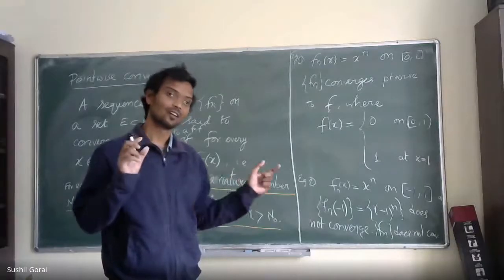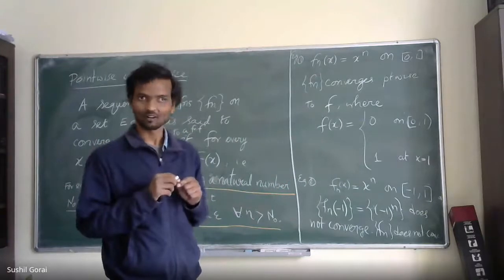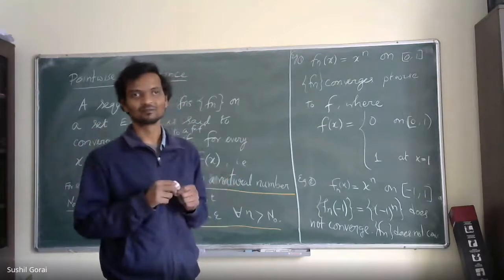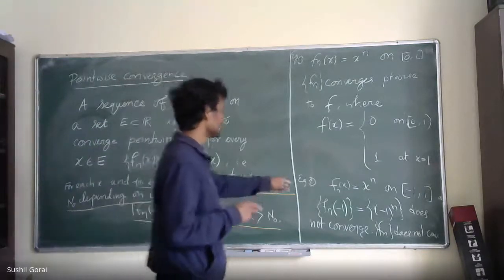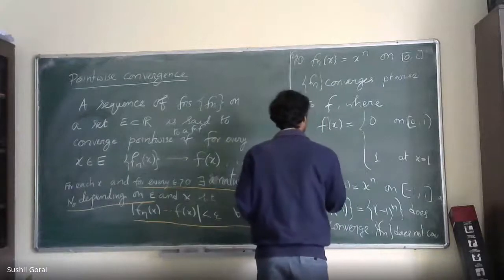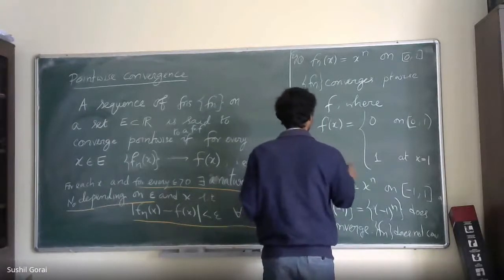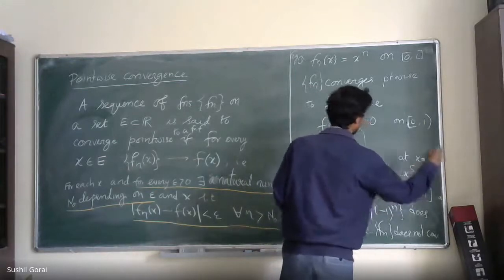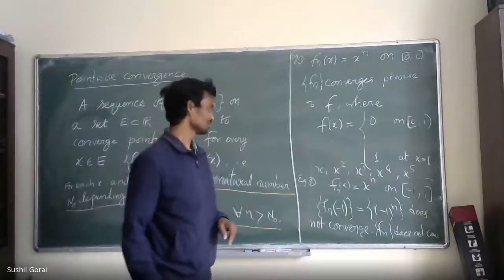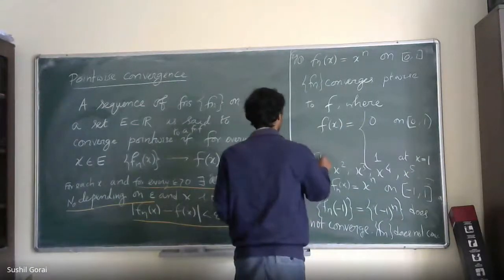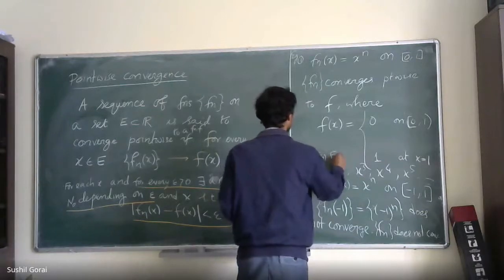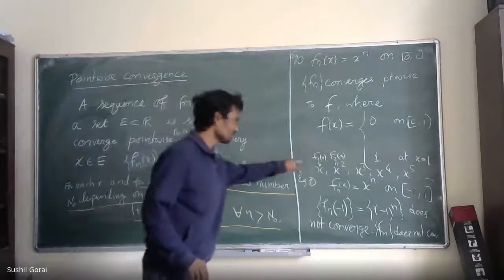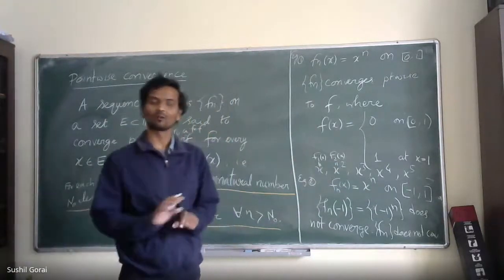So you have a countable collection of functions, all defined on the whole of the domain. So here the functions are x squared, x cubed, x to the power 4, x to the 5 and so on. These are all functions. This is f1, this is f2 x and so on. All these functions are defined on minus 1 to 1. There is no problem in that.